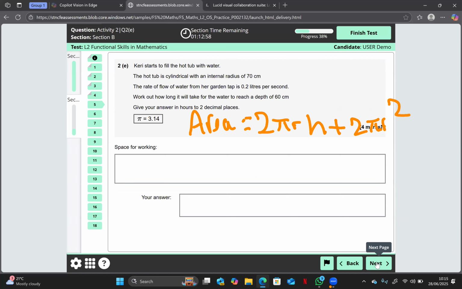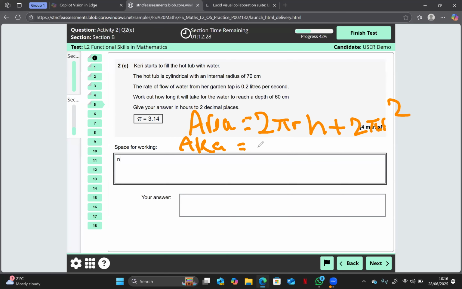So it would be area equals 2 times pi times radius, and the radius is 70. That's 140 pi it would be.